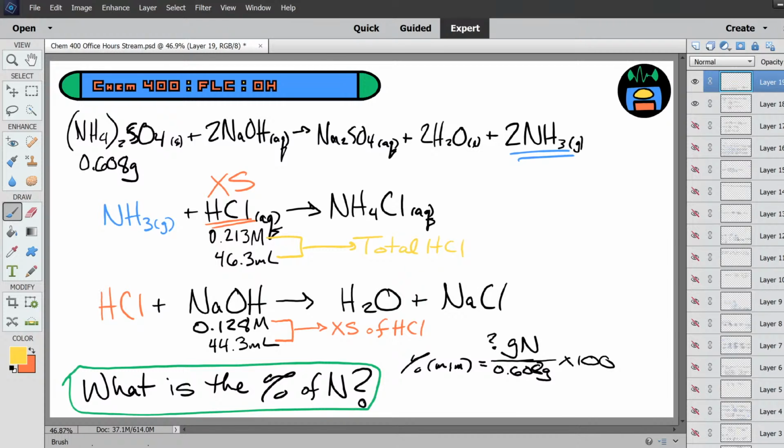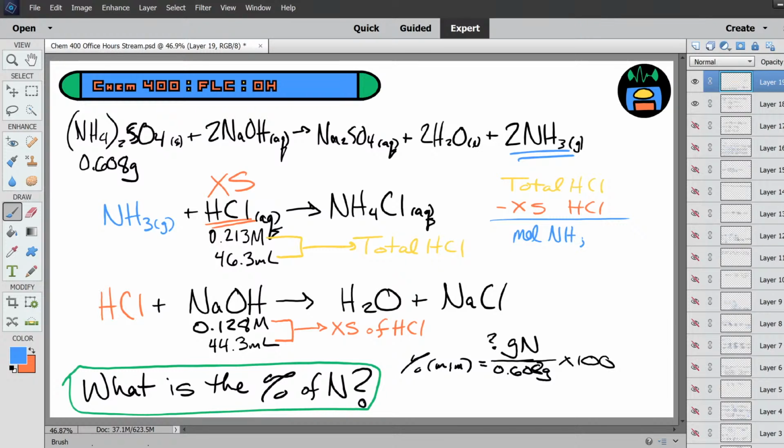Now, if we take the difference between total HCl and excess HCl, this will give us the moles of NH3 produced.